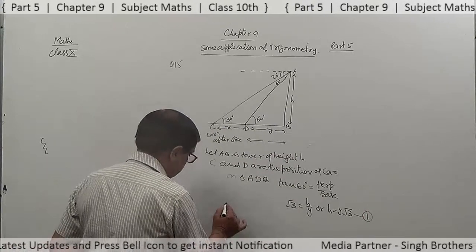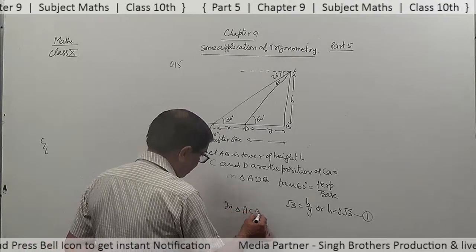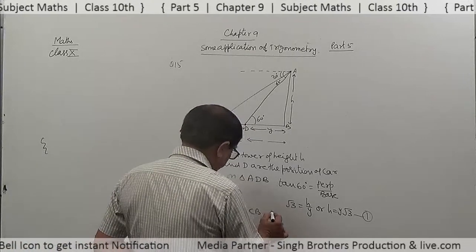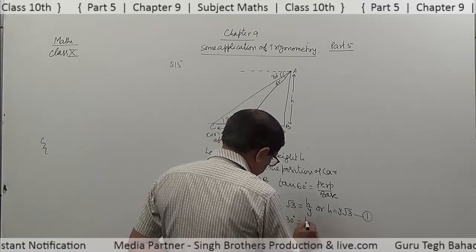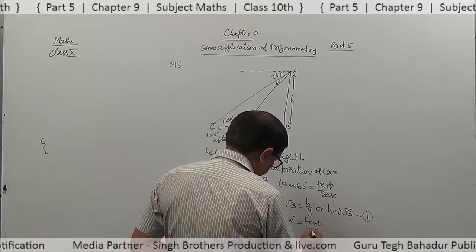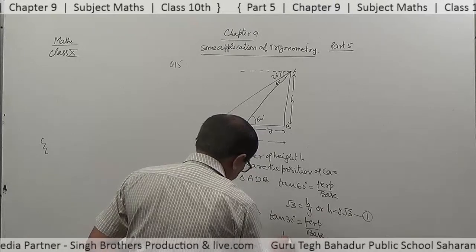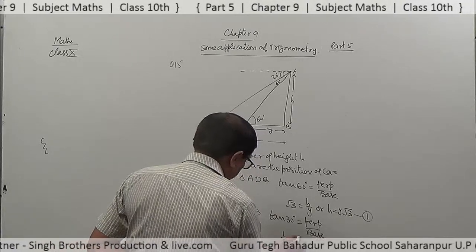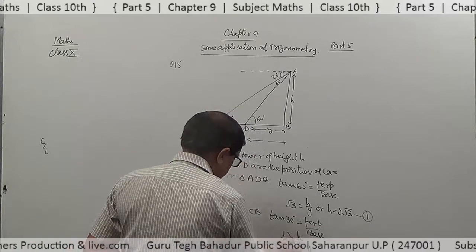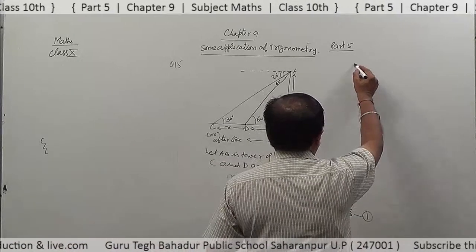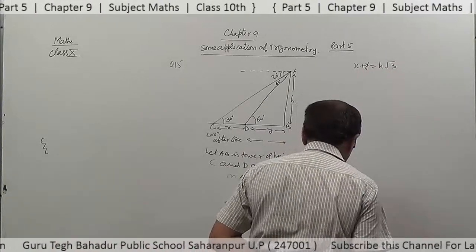Now in triangle ACB, tan 30 degrees is equal to perpendicular upon base. Tan 30 is 1 upon root 3, perpendicular is h, base is x plus y. Cross multiply: x plus y is equal to h root 3.